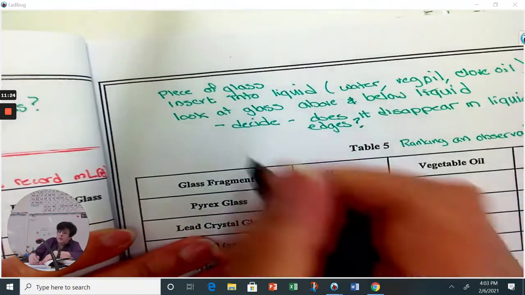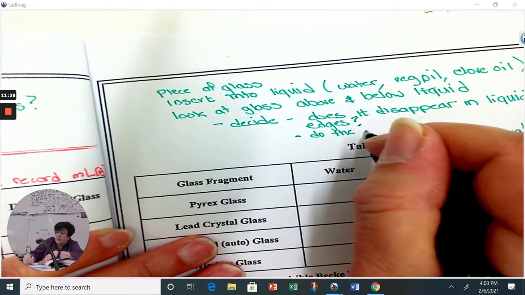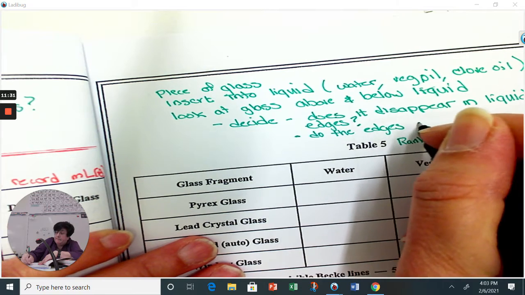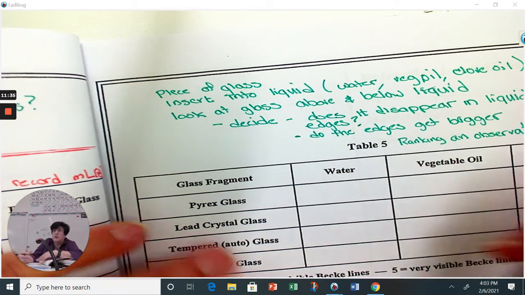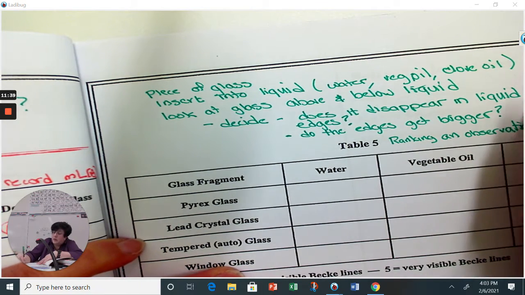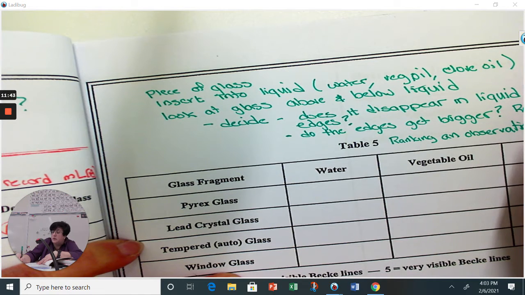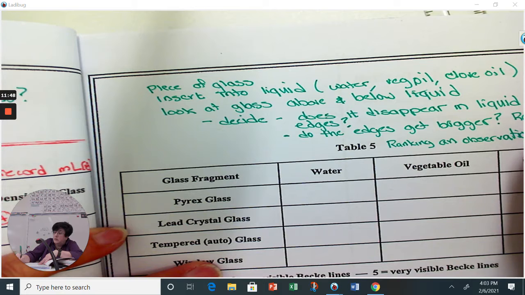Okay. Do the edges get bigger? Like, does it enlarge? And then you rank it. A little bit bigger is a 1. A lot bigger is a 5. Okay.